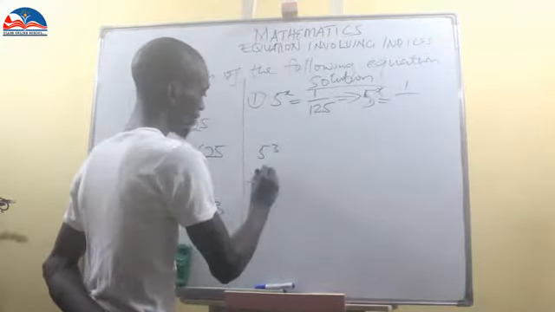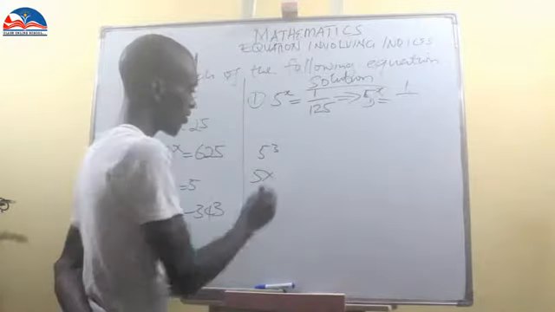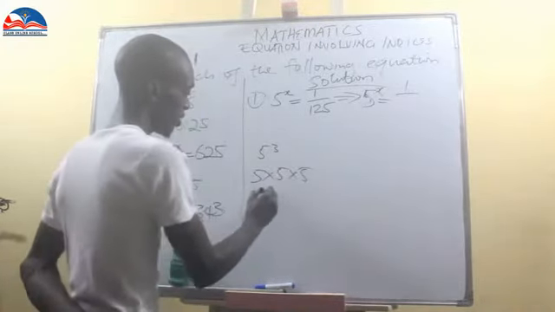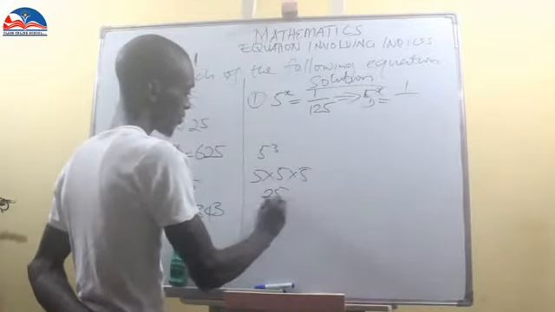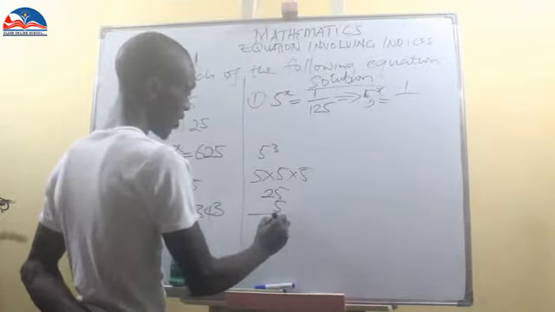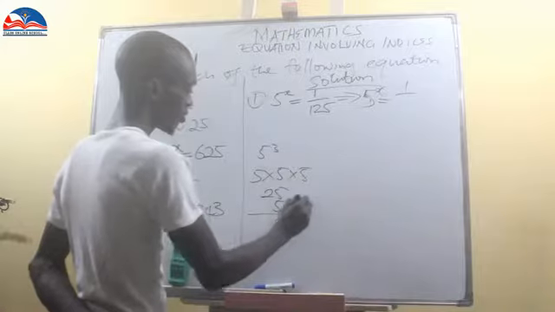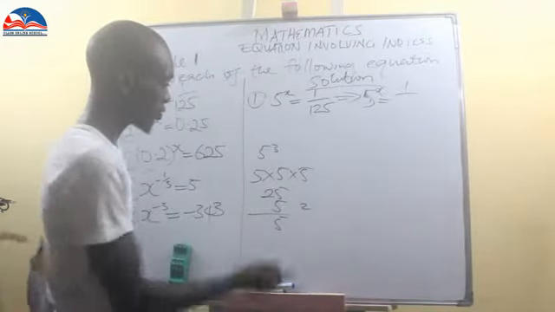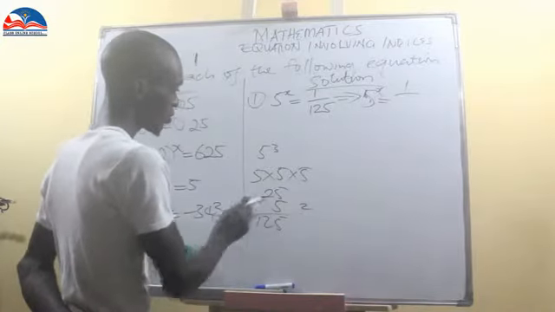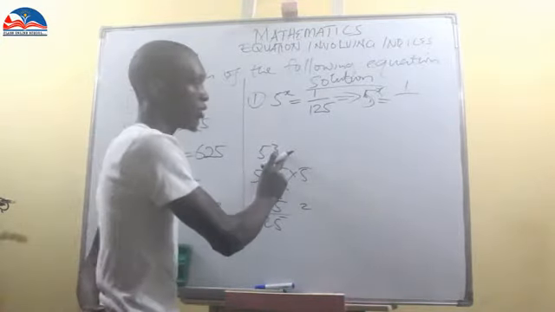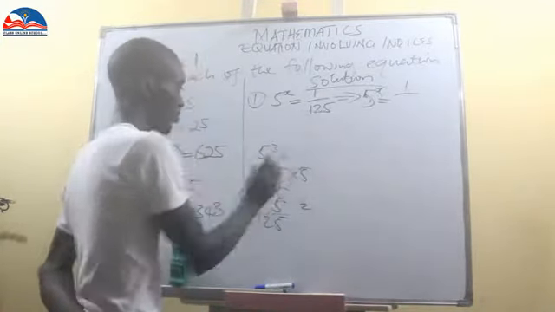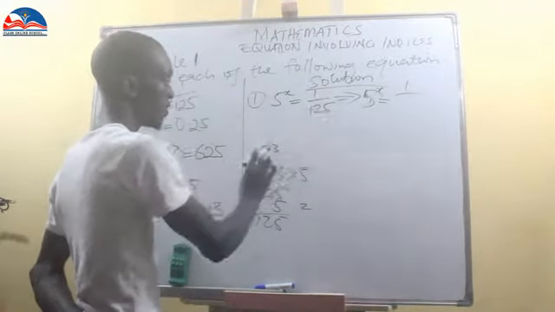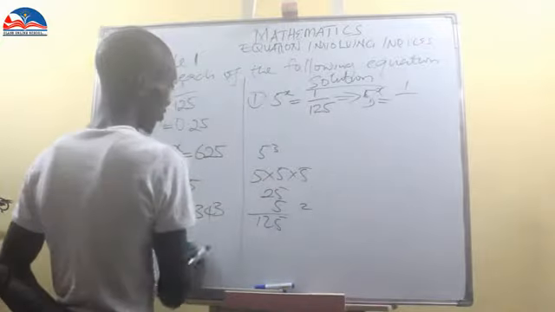Because 5 times 5 is 25, and 25 times 5: 5 times 5 gives us 25, 5 carry 2, 5 times 2 gives us 10, 10 plus 2 gives us 12. So 5 index 3 gives us 125. So we have succeeded in putting 125 in the same base as 5.